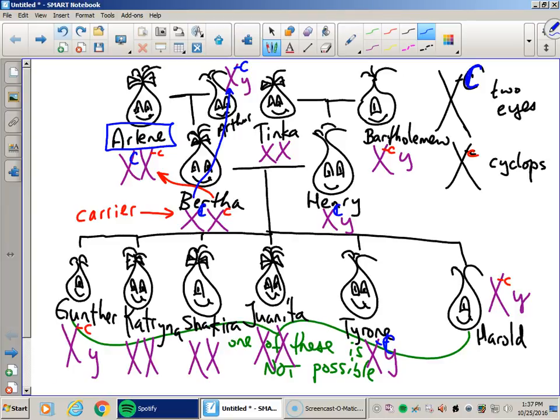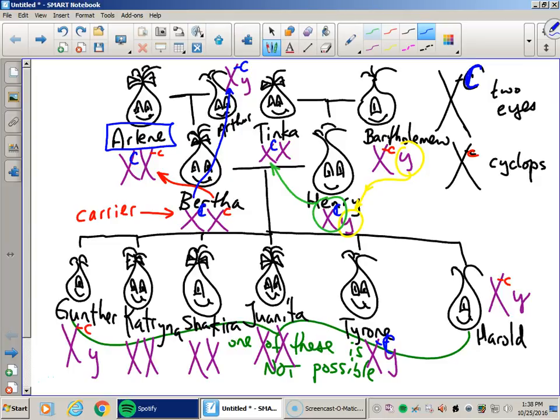Let's go over to Tinka. It's her deal. Well, we know Bart passed his Y chromosome on to Henry. Which means Tinka passed... Yeah, she's got to have one big C, but are we certain about her other X in this case?